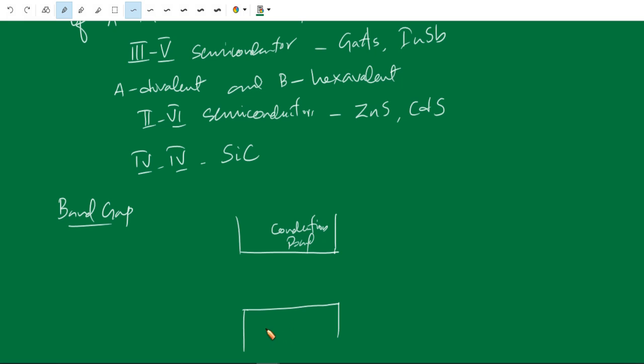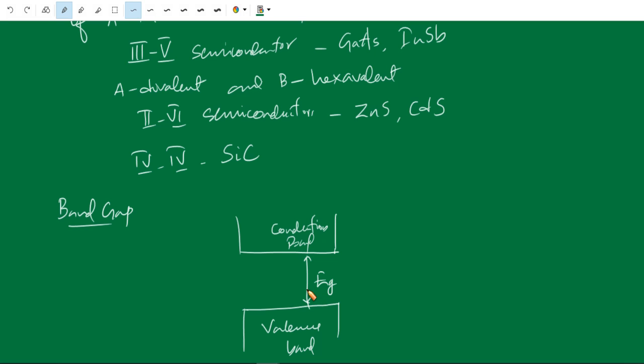The difference between the uppermost energy of the valence band and the lowermost energy of the conduction band is called the energy gap, Eg. Based on this energy gap also we can classify the materials into metals, semiconductors and insulators.